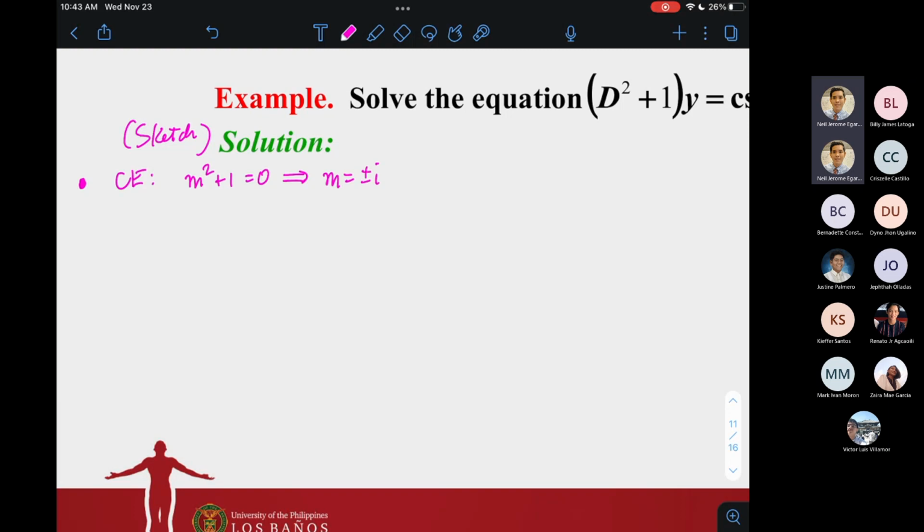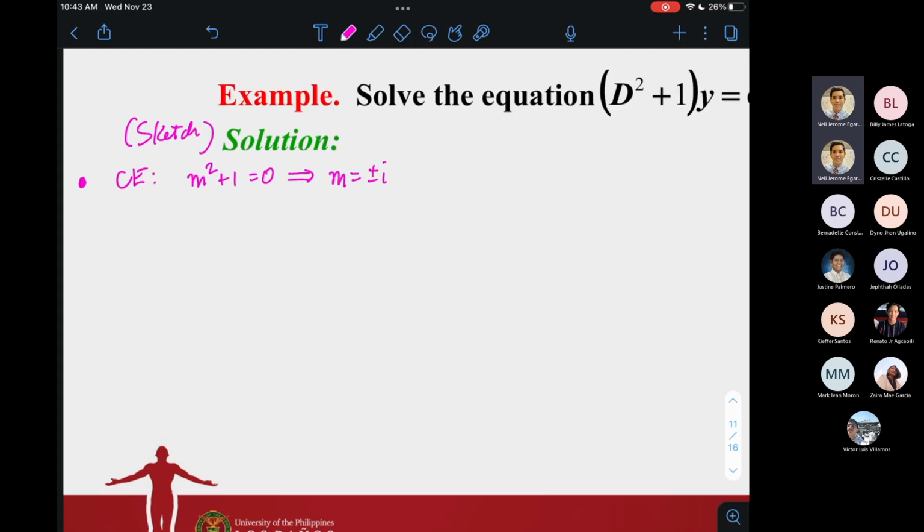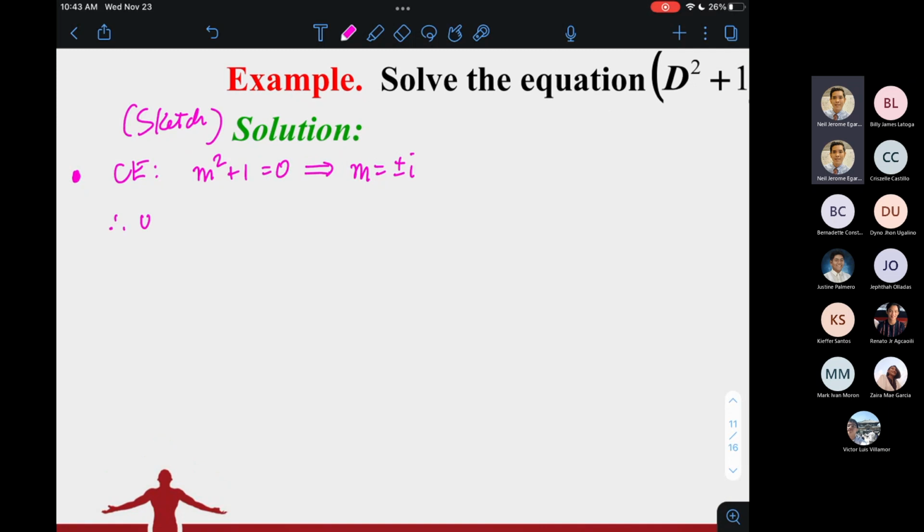Therefore, our general solution to the homogeneous GLDE is y equals C1 cosine x plus C2 sine x, from what we learned in chapter 3.5 or 3.4? All right. And then we'll keep it aside for later.